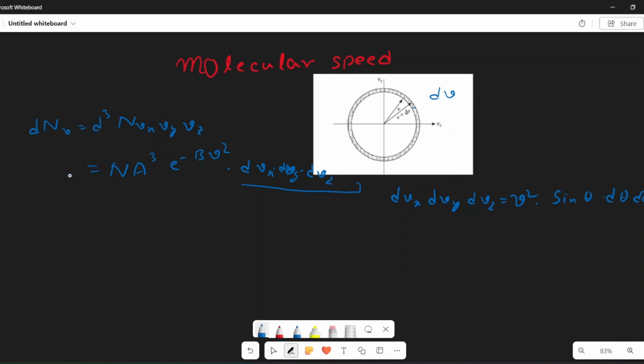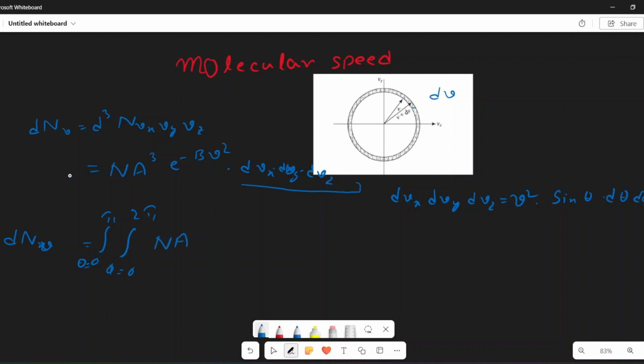Now one more thing is important, the limits of theta and phi. We have already learned in mathematical physics how to find this volume. So dn_v can be written with theta from 0 to pi, and phi from 0 to 2 pi.